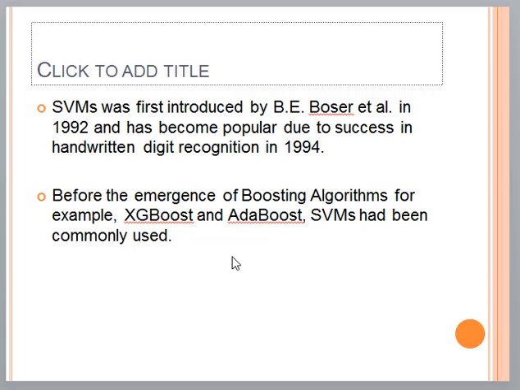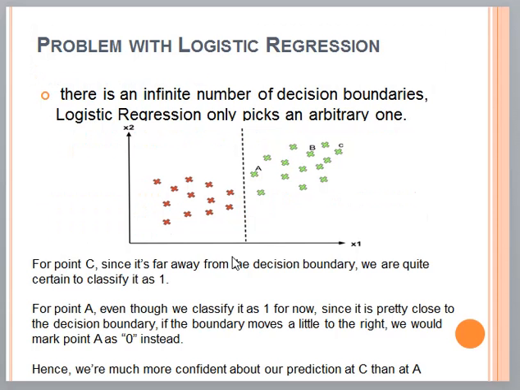So before the emergence of these boosting algorithms, people were mostly using support vector machines to perform classification, because when these boosting algorithms came into being, people started using them along with other classification algorithms, which further improved the performance and accuracies. But before that, support vector machines were very common, and they are still very helpful in performing different regression and classification tasks.